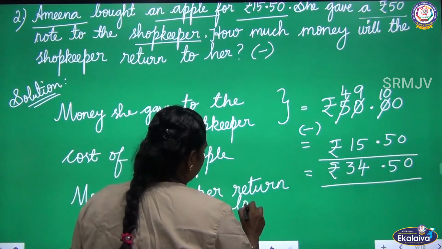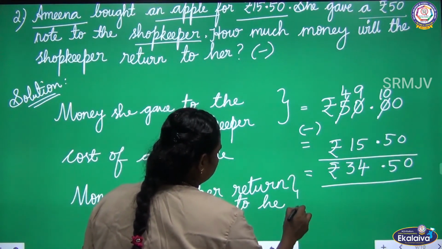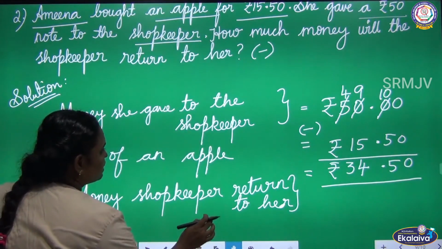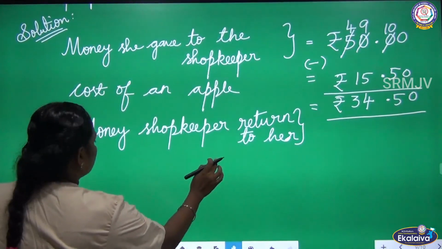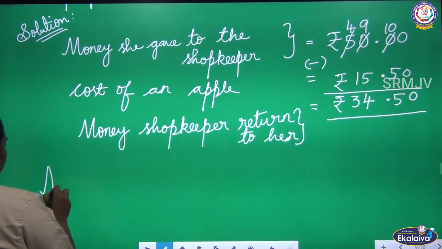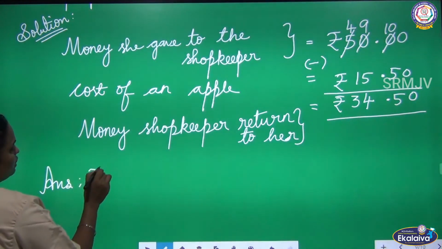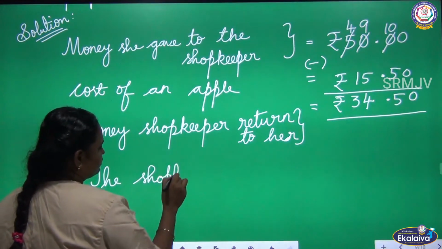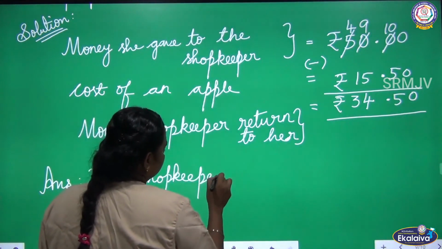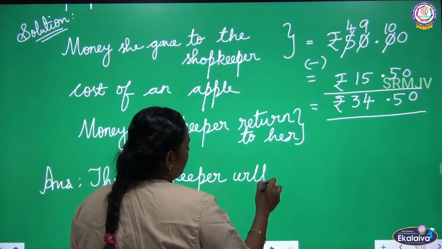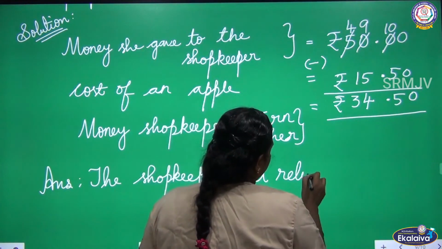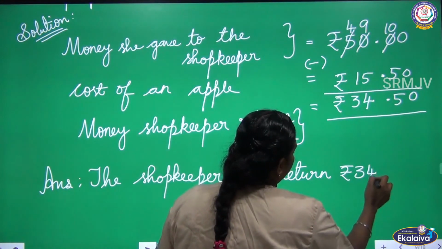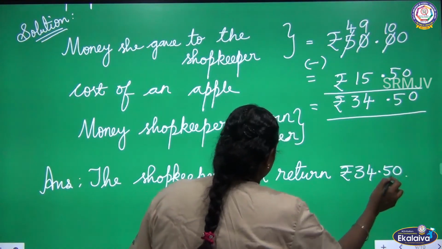So money shopkeeper return to her equal to 34 rupees 50 paise. So for the answer you can write the shopkeeper will return. So how much money will the shopkeeper return? The shopkeeper will return 34 rupees 50 paise.